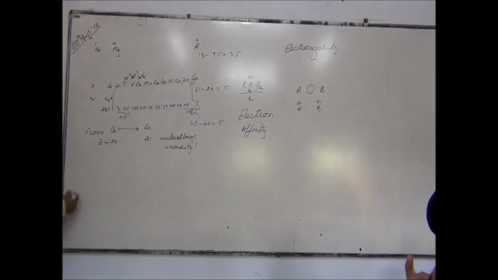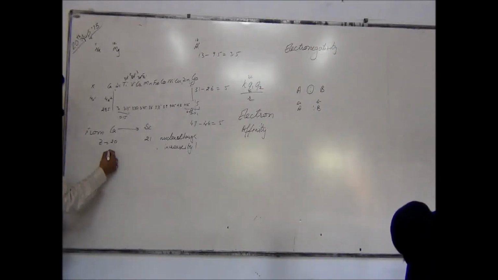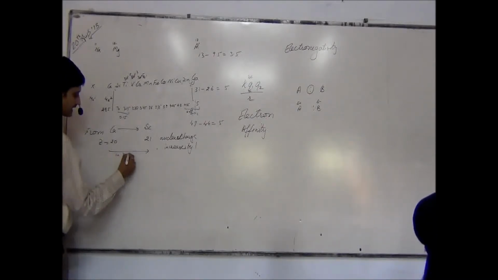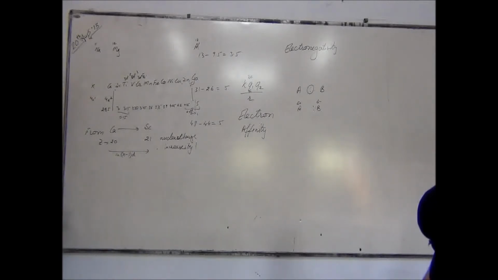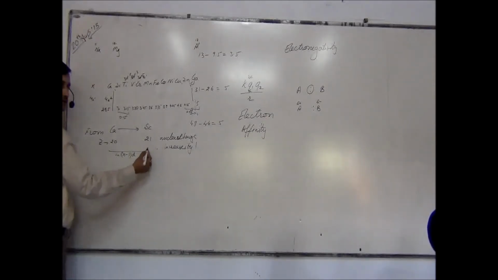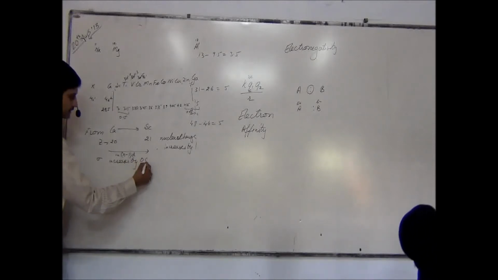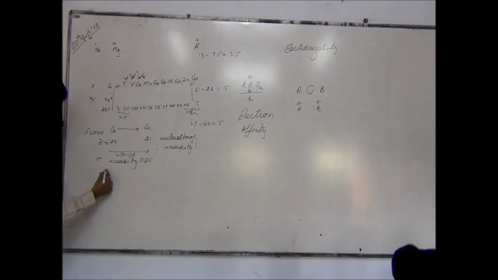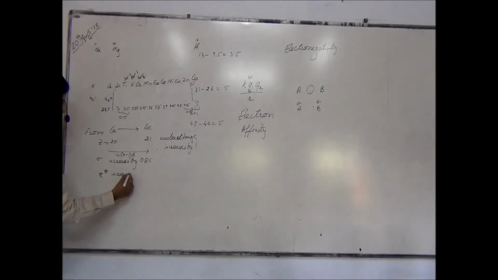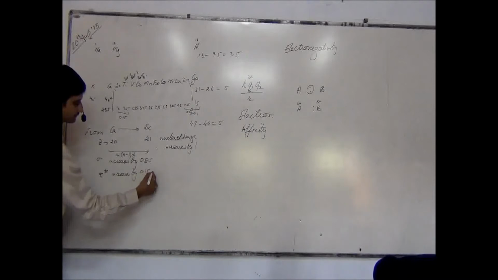So the screening constant sigma increases by 0.85, and Z star increases by 0.15.